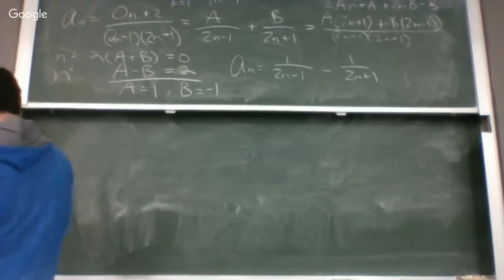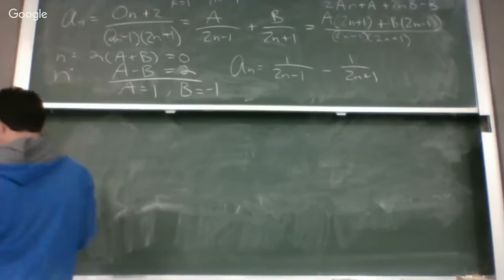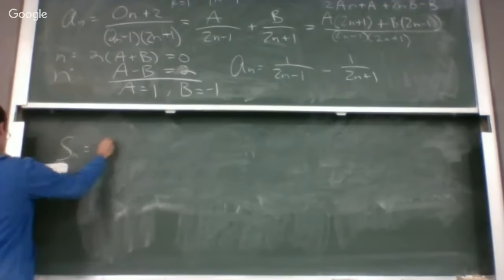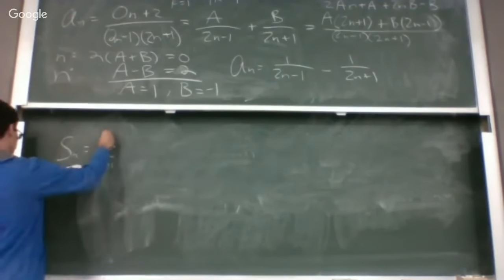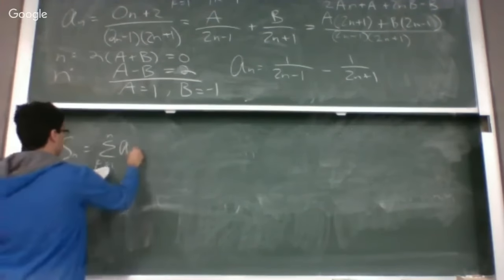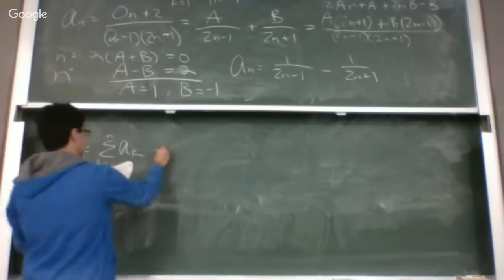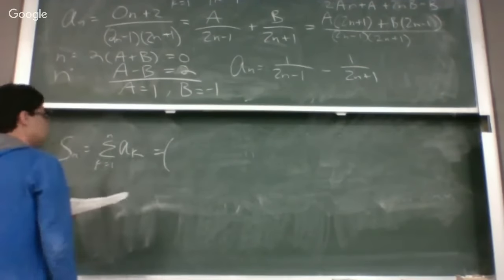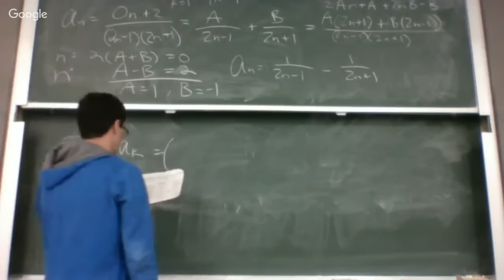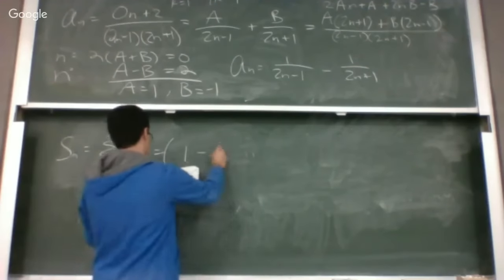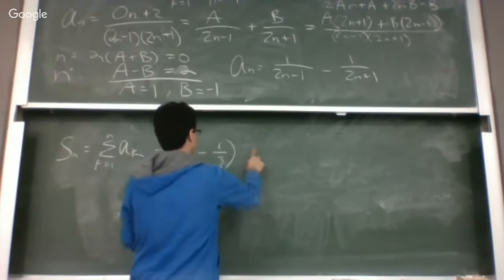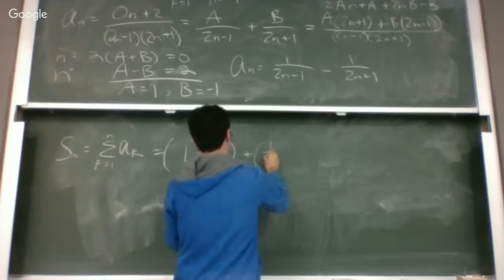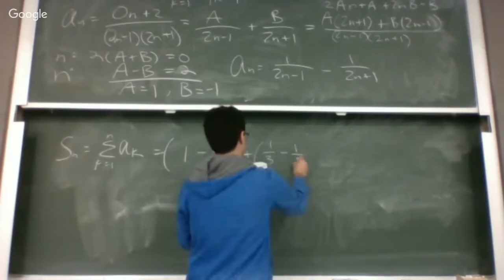We need to write it as S sub n again. So S sub n is equal to the summation of k equal to 1 to n of a sub k. If we were to plug in a 1 in there, we would have 1 minus 1/3, plus, if we were to plug in a 2 in there, we'd have 1/3 minus 1/5.